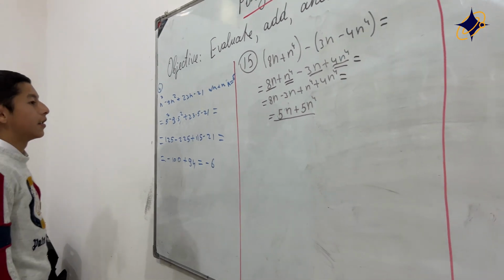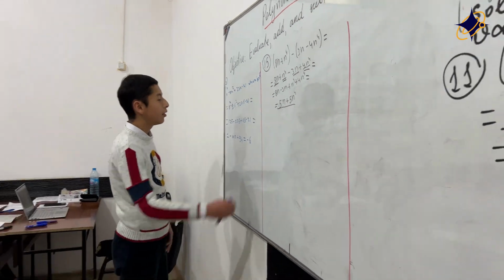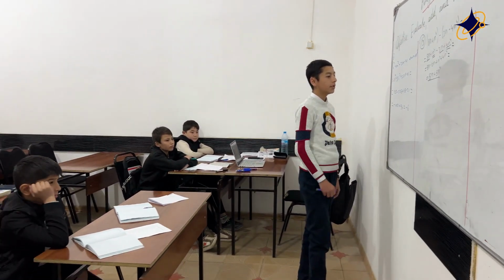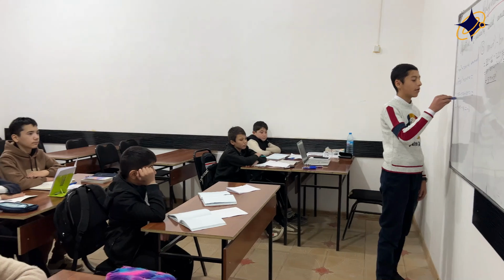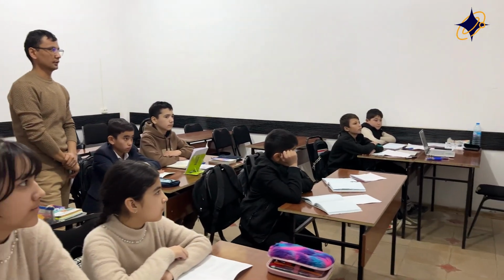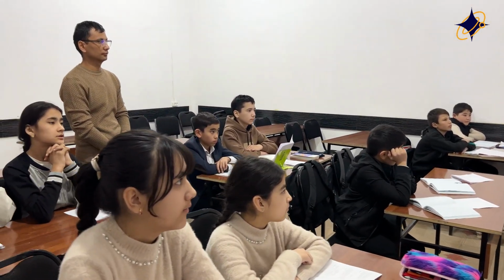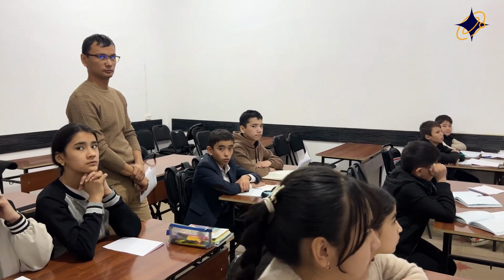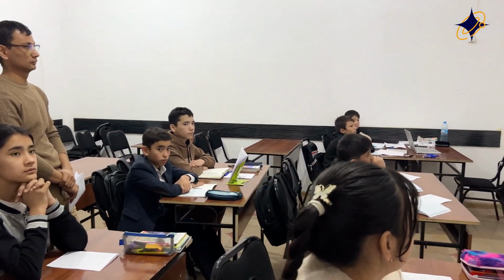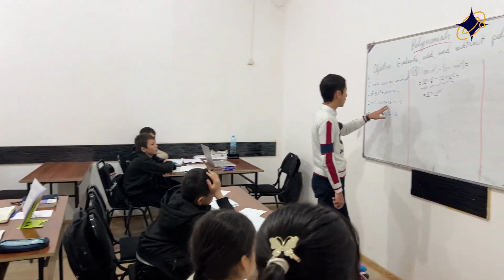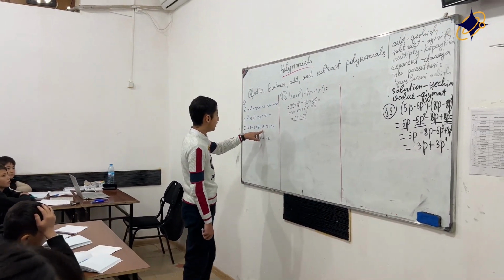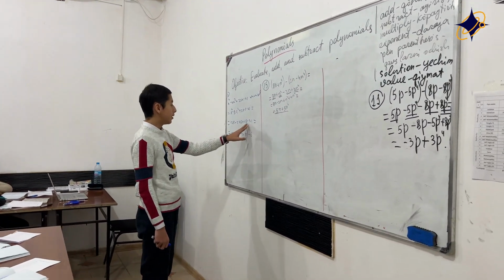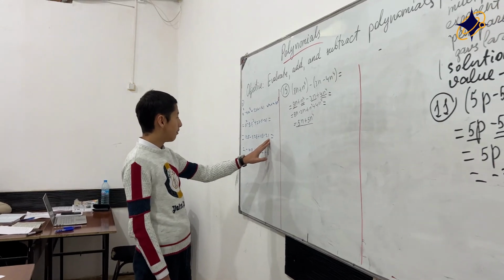And first, we evaluate. 125 minus 225 plus 15 minus 21.